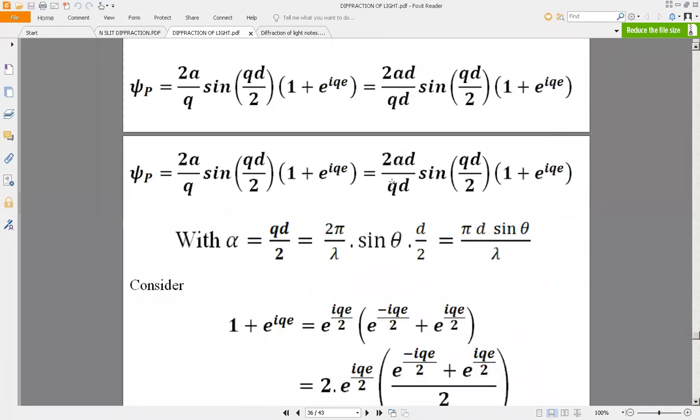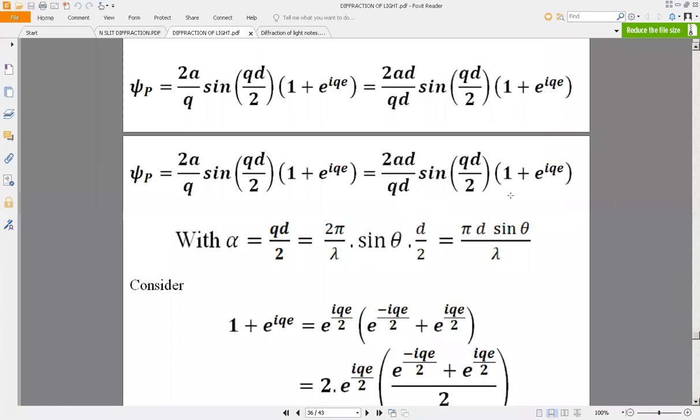Then the first term becomes A sin alpha by alpha. So this term is once again exactly identical to the single slit term. The first part is single slit, the second part is the interference term, which we will discuss in a moment.